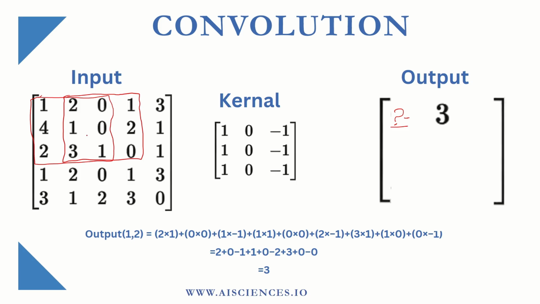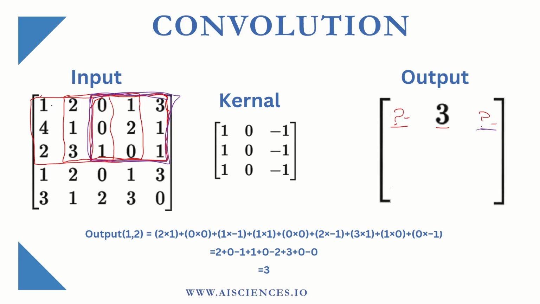Then once this product is also done with the kernel, you will put the value over here. Obviously, it is 3. We have already done that. Then you will move to the last value. That is going to be this filter. Okay, I should have used a different color. Maybe you will go with this window of the input image, dot product it with the kernel, and the value can be filled over here, right?